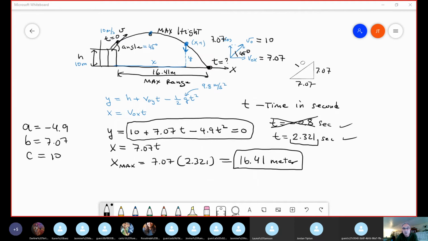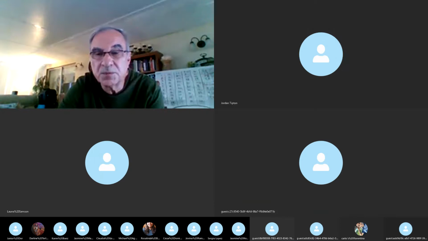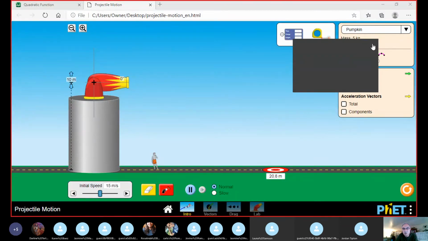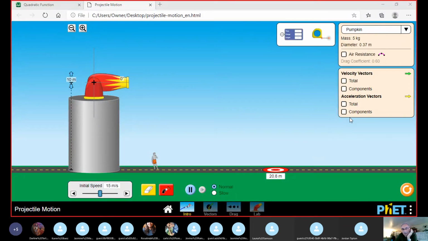Let me share the screen with this simulator. Okay, you can find it on the internet and download it if you want. Do you see the cannon? Do you see the simulator?